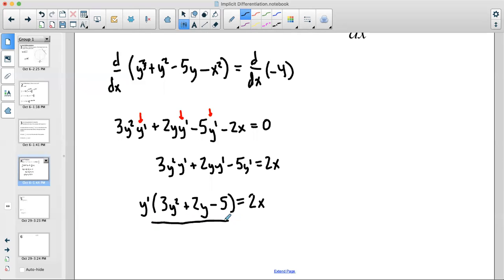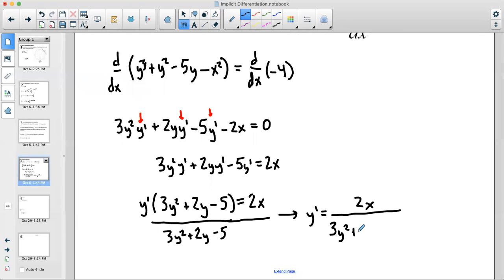I'll write it out here. I won't normally write all these steps out. 3y squared plus 2y minus 5 on both sides. These cancel out, and I'm left with y prime equals 2x over 3y squared plus 2y minus 5.